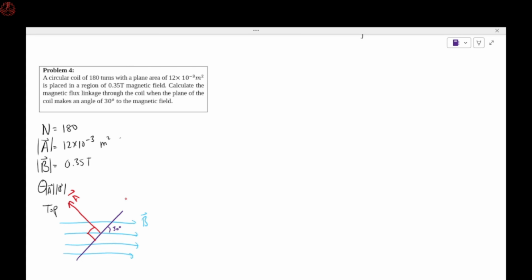Okay, so then the question begs, what is the angle between the area vector, let's use green for that, and my magnetic field, which is this one? That is the angle that I want to look for.